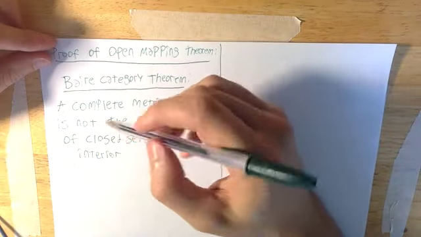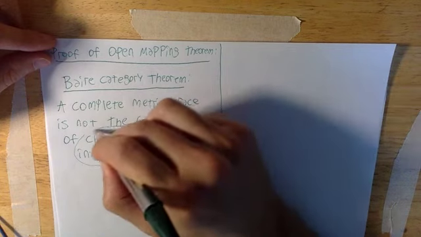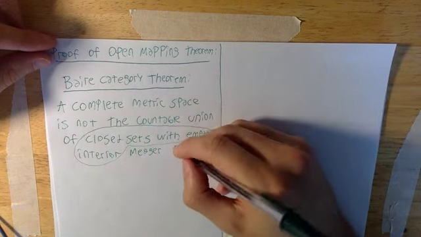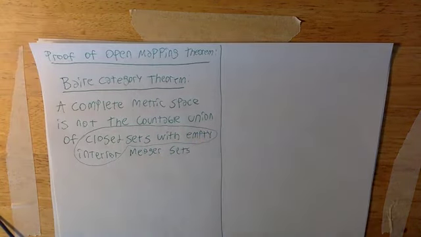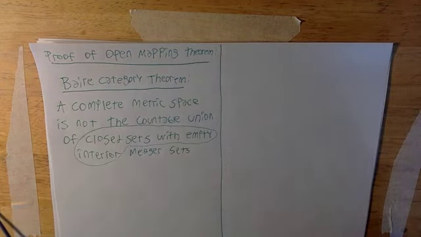Okay, so closed sets with empty interior, these guys are usually called meager sets. So meager means something that is really thin. Okay, it's something that is really, really thin. It's just a closed set which has empty interior.